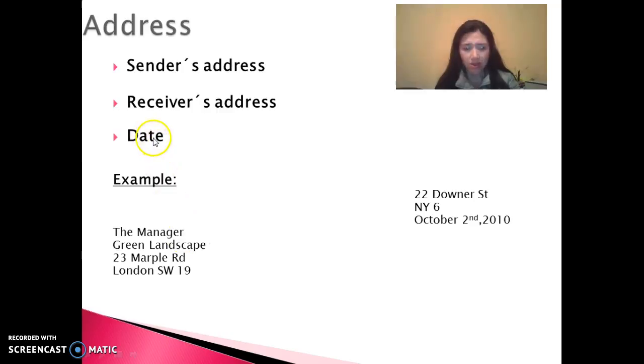Here it's important to put the date. It is on the right, or could be on the left, below the sender's address. And don't forget to write a word for the month, like here in this example.